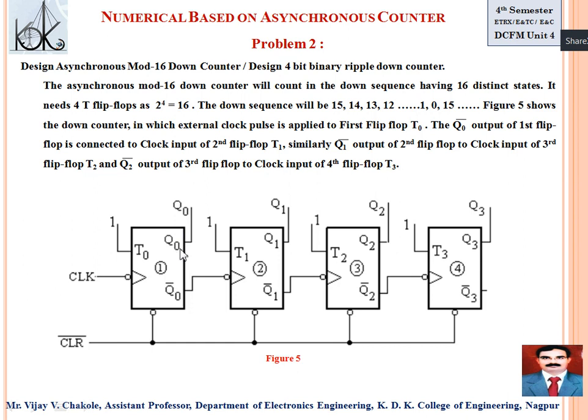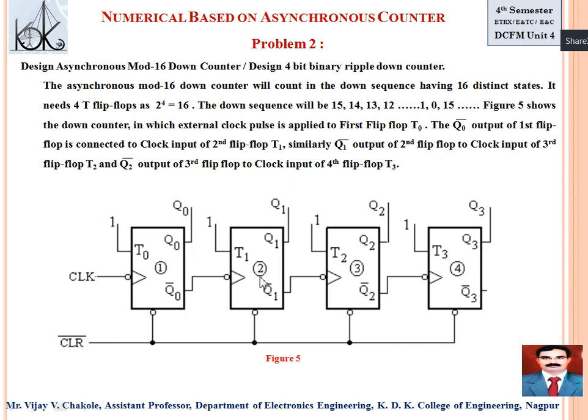Whenever Q is 0, Q bar is 1, and whenever Q is 1, Q bar is 0, right? So when this is 0, 0, 0, 0, this becomes 1, 1, 1, 1. So when you activate the clear terminal, the output of all the flip-flops becomes 0, 0, 0, 0, and Q3 bar, Q2 bar, Q1 bar, Q0 bar are 1, 1, 1, 1, right?